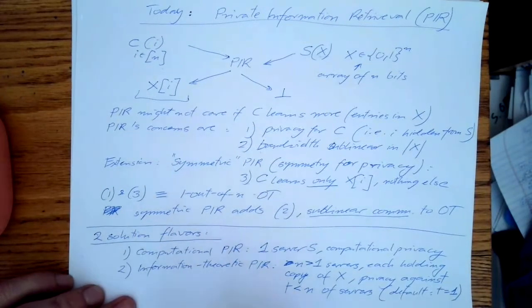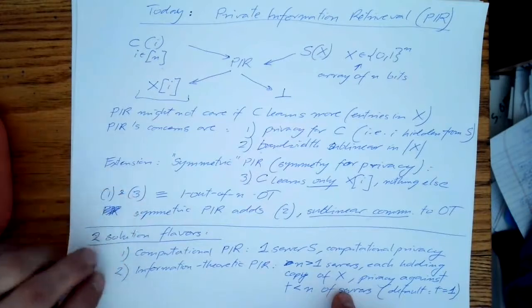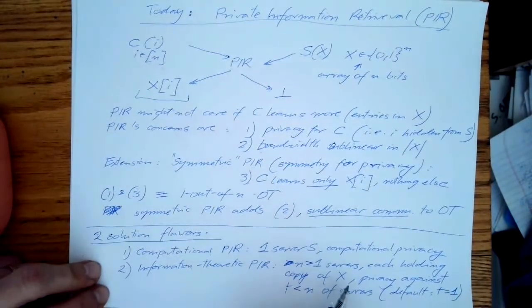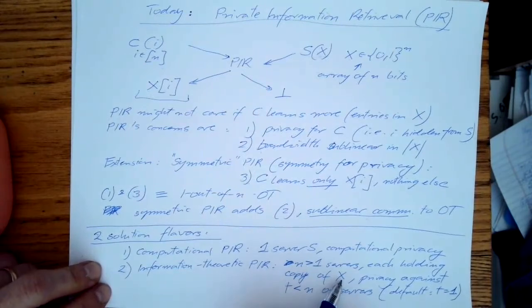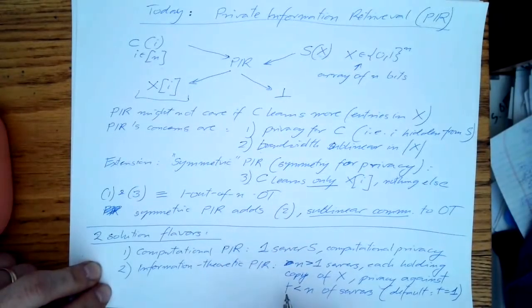This whole thing gives rise to many variants of the question. We'll come back to them later, but one that immediately jumps out is: what if X is private too from the servers? So what the servers hold is not a copy of X, but shares of X. Could you support private information retrieval efficiently with such an added constraint?